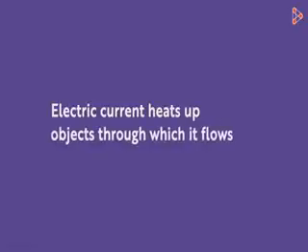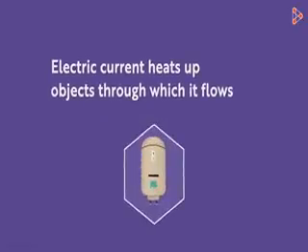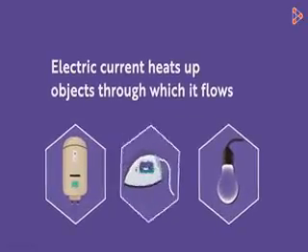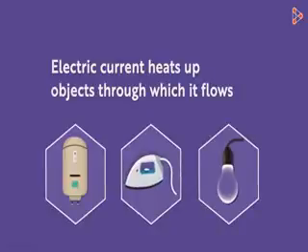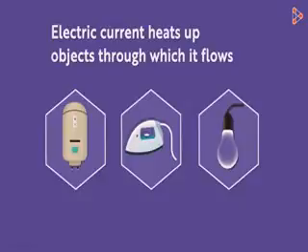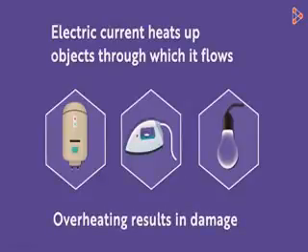Electric current heats up objects through which it flows, like an electric geyser, iron and electric bulb. Okay, when wires carry an electric current, they get warm, and if the current is too large, the wires can get hot enough to start a fire.